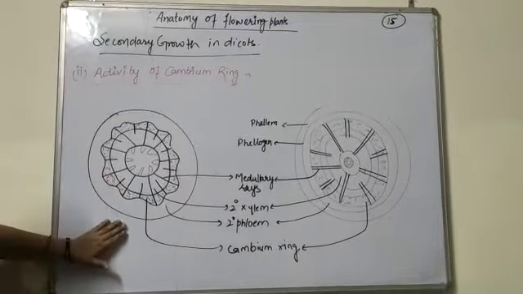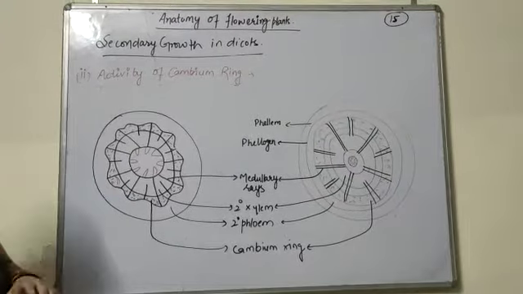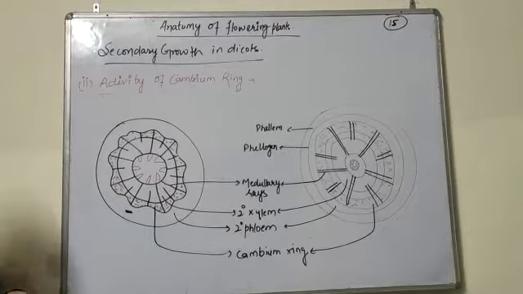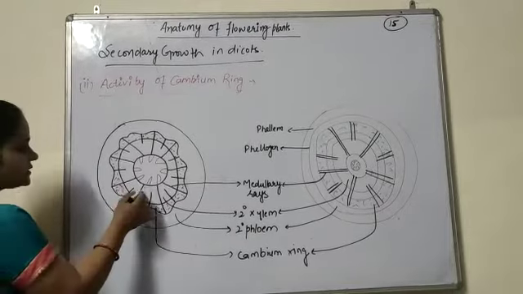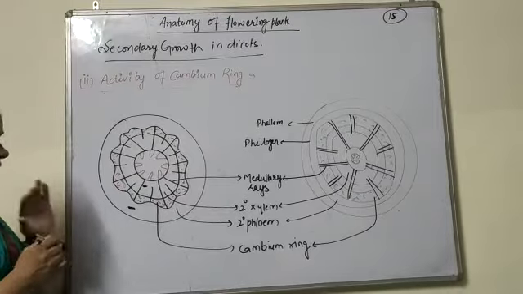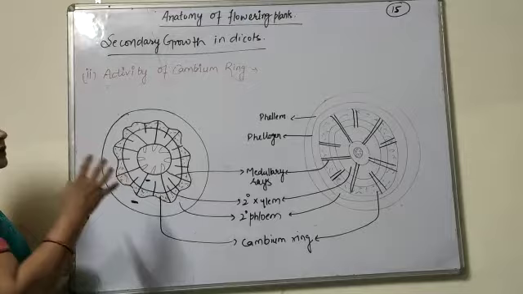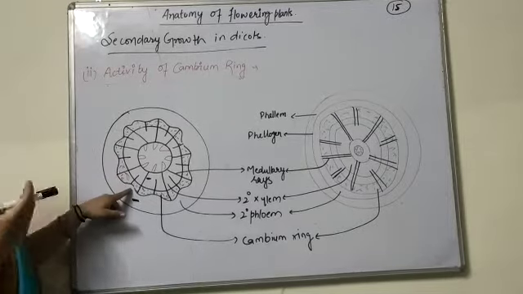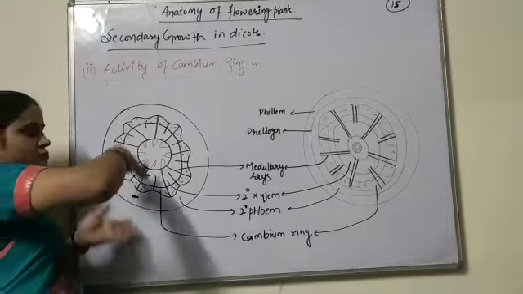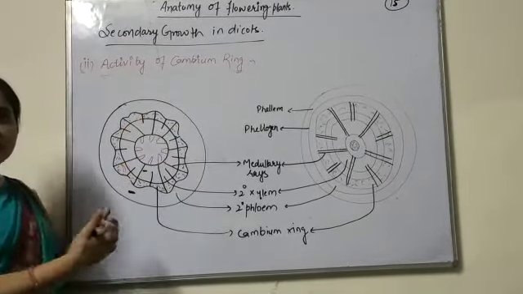First of all, in this diagram we are drawing only the vascular bundle part. This portion is showing the phloem region and this part is showing the xylem portion. When the cambium, the dotted part, that is the cambium ring, starts activating, it cuts off cells in both directions, towards the pith as well as towards the periphery.